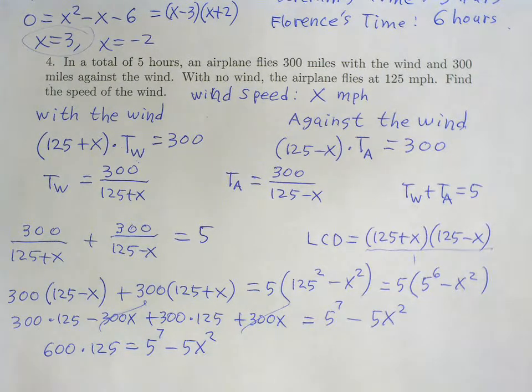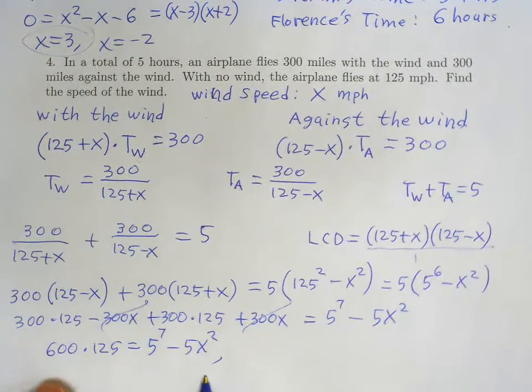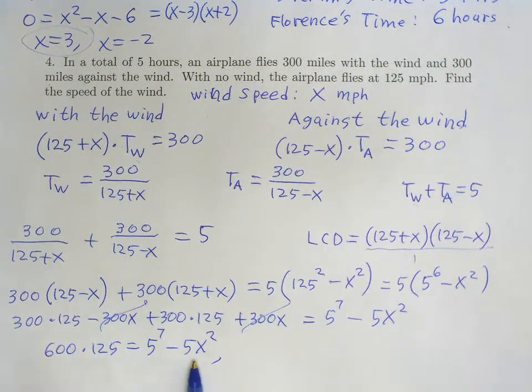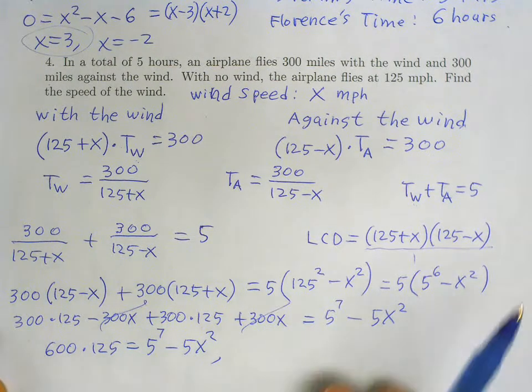Okay, this might look crazy, but we'll take it a little bit further. Let's get this into standard form by adding 5x squared to both sides and subtracting 5 to the seventh.